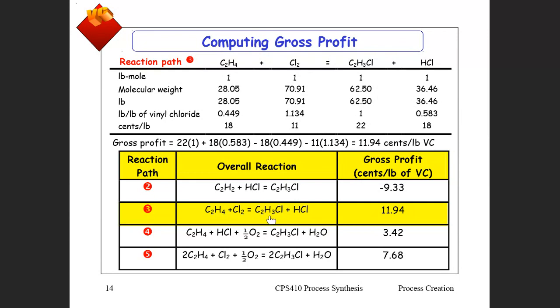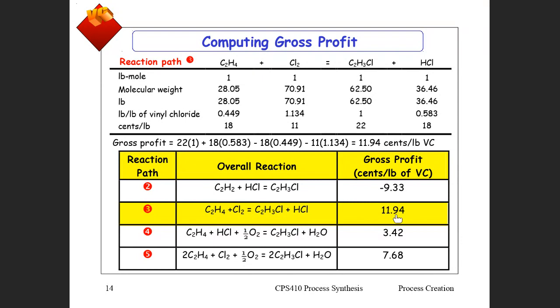It was a 2-step process. You made the vinyl, you made the dichloroethane, and then you had that pyrolysis reaction at 65% conversion. And those are all viable chemical reactions, relatively easy to do, and it tends to give you the highest gross profit.